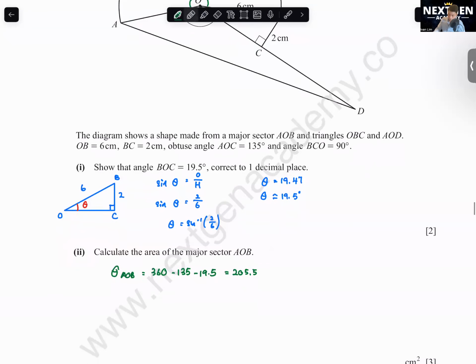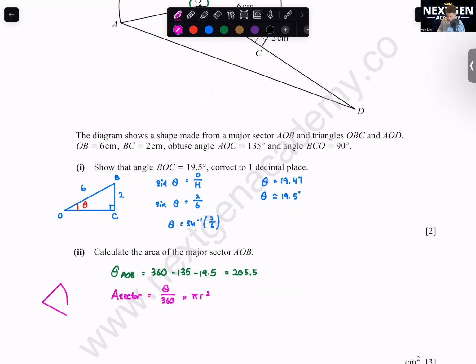Okay, then formula just now that we said, area of sector, you'll need to memorize theta over 360 times pi r squared. Okay, what sector is that? The pizza slice. Okay, the pizza slice. Theta over 360 times pi r squared.